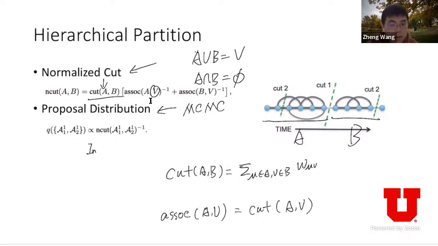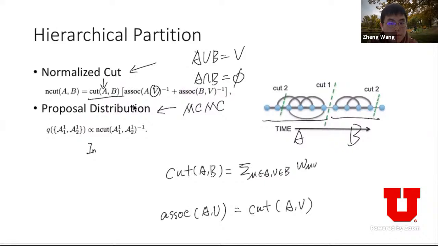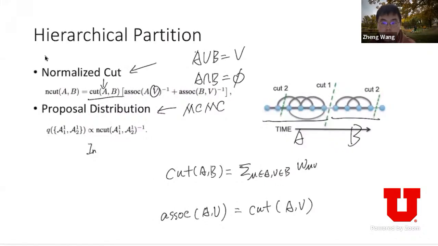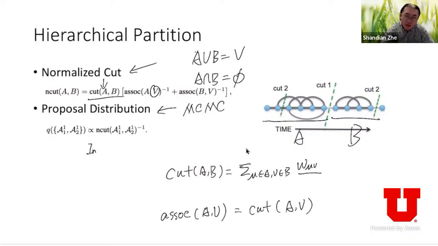And the W here should be some weight. Maybe here they use importance sampling to calculate the weight. I think W is some pre-assigned weights, right? Yeah, but they didn't mention how they calculate it.